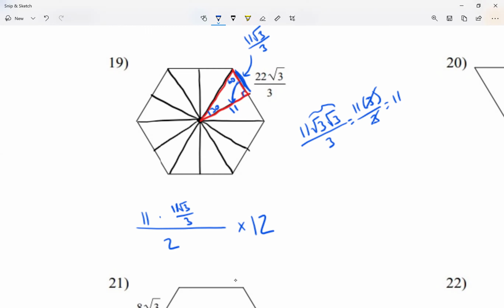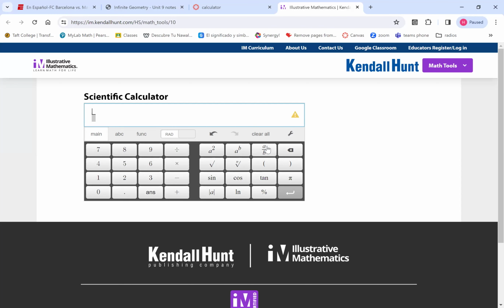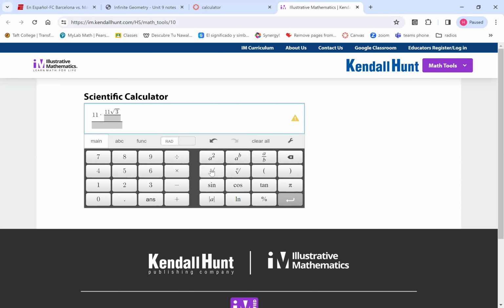Okay. Let me grab my calculator. Okay, so I have to go 11 times. But then I'm like, oh, then I had another fraction, right? So let me do another fraction. And I remember my fraction was 11 square root of 3 over 3.